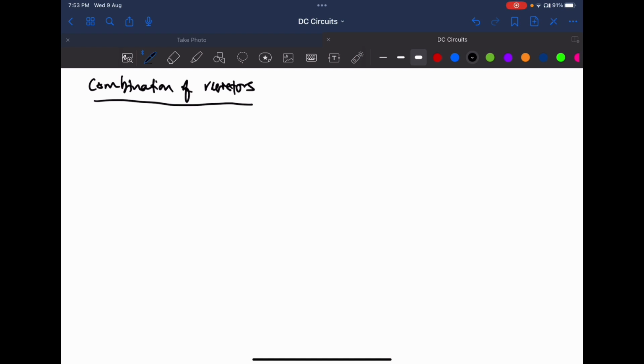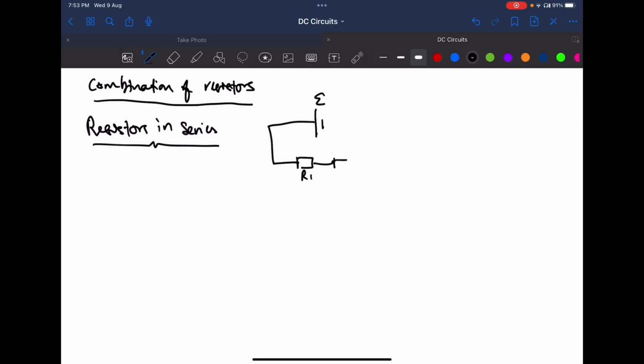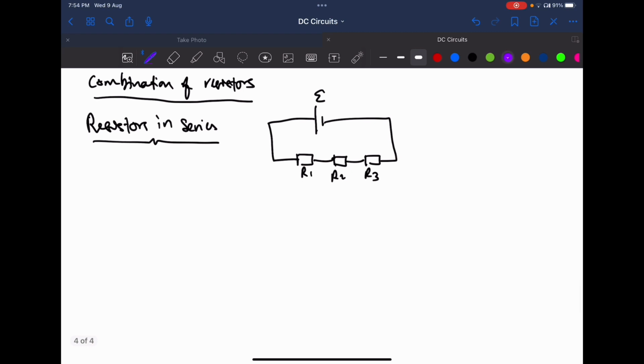If you have resistors in series, for example, let's say this is EMF E1, and you have R1, R2, R3. The current flowing is I, and this will provide potential differences V1, V2, V3.